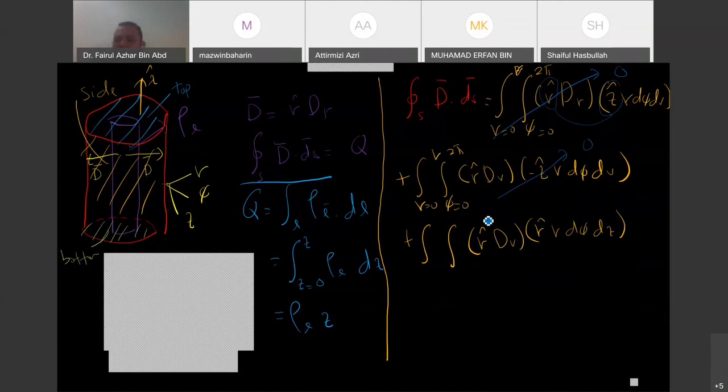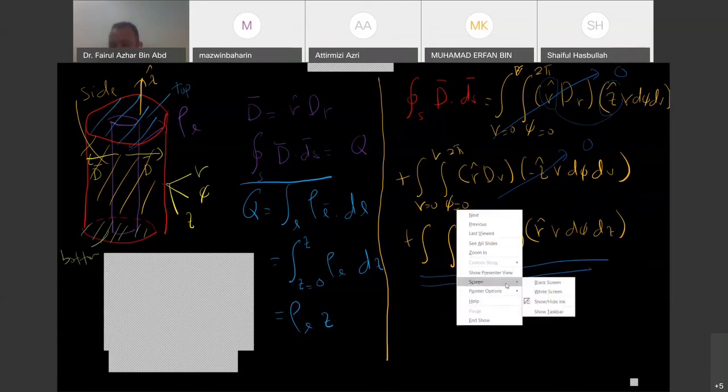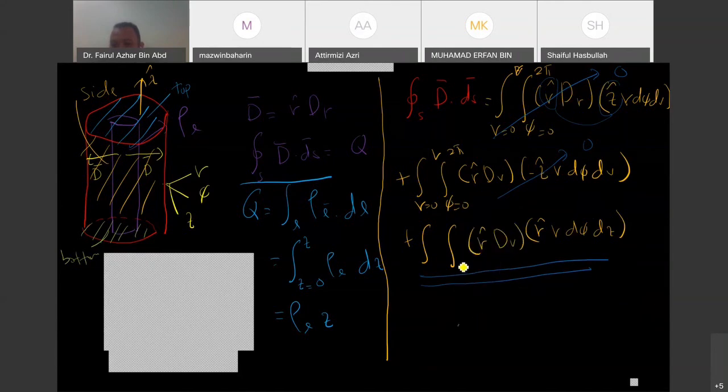Then it leaves us with this expression. I forgot to put the limits here: theta is from 0 until 2 pi, and z is from 0 until z.